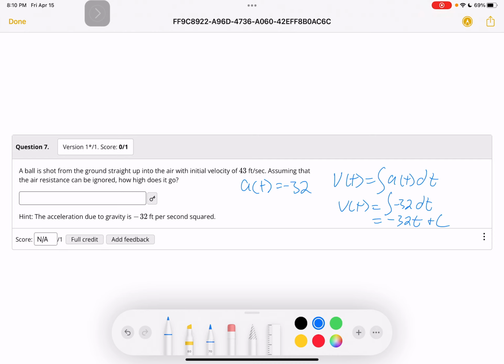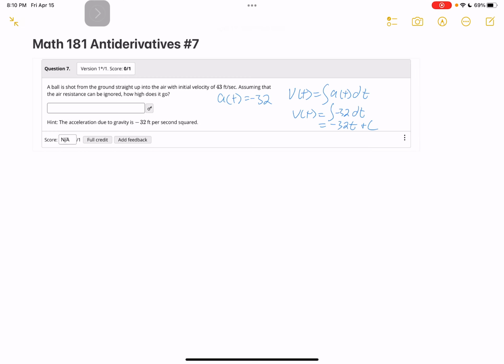Okay. So our initial value, this says the initial velocity is 43. So we say v sub 0 is 43 feet per second. So that our velocity at time 0 is going to be negative 32t plus c, and that's going to be equal to 43.